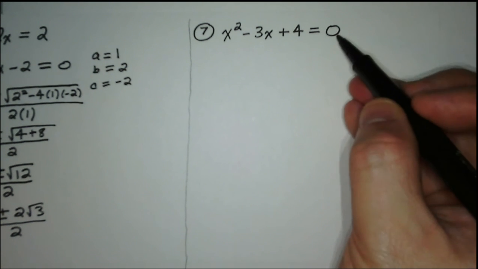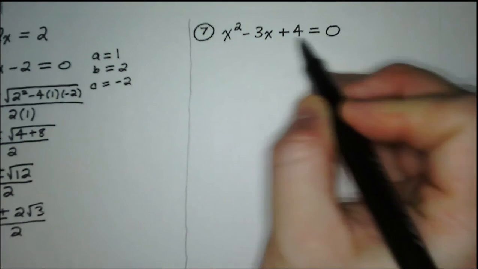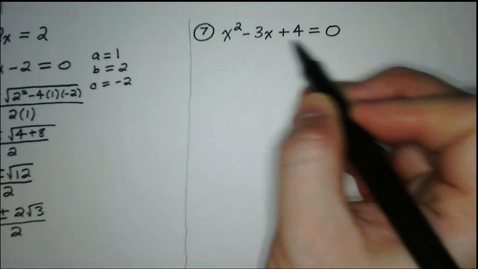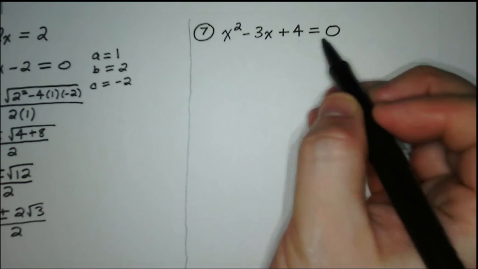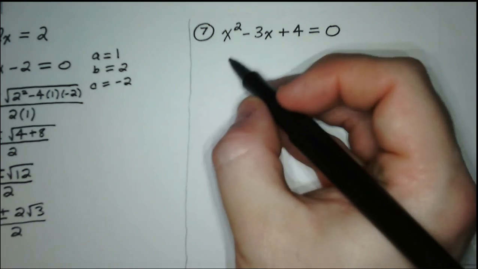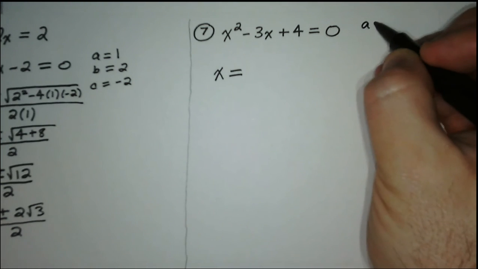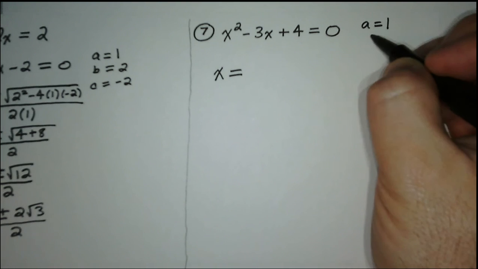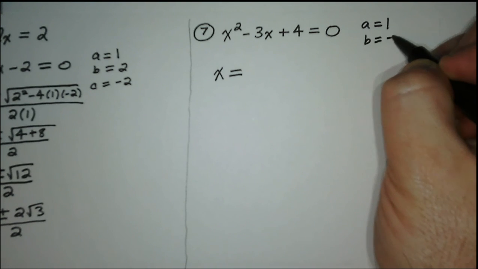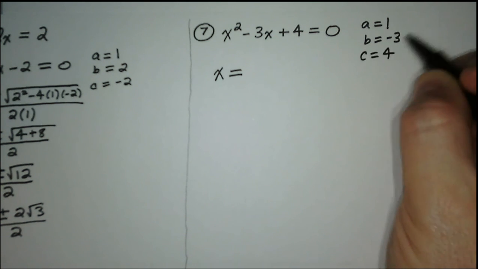Number 7, once again, hey, it's already equal to 0. Cool. Can you factor this? Spoiler alert, you cannot factor by GCF, and you also cannot factor by unfoil. So guess what we have to do? A equals 1, B equals -3, and C equals +4.